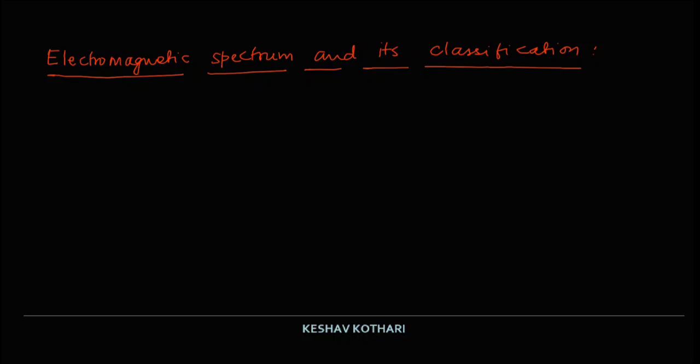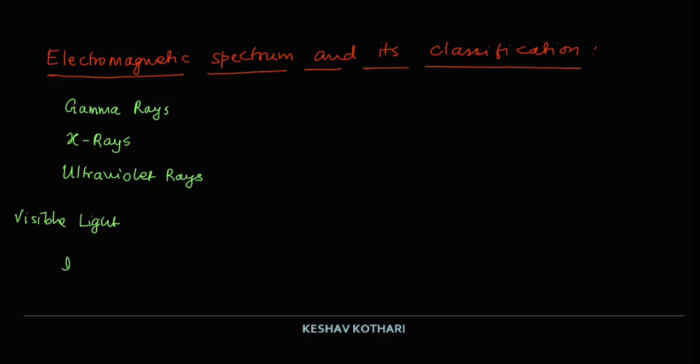So the first thing that I am doing here is naming the electromagnetic spectrum in increasing order of wavelength, or decreasing order of frequency. We begin in this way: first gamma rays, then X rays, then ultraviolet rays, then visible light, then infrared rays, microwaves, and last we have radio waves.